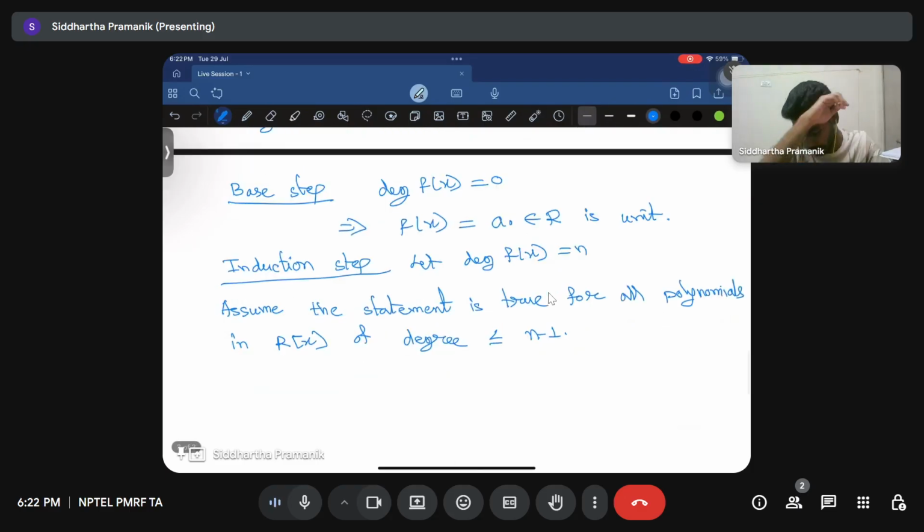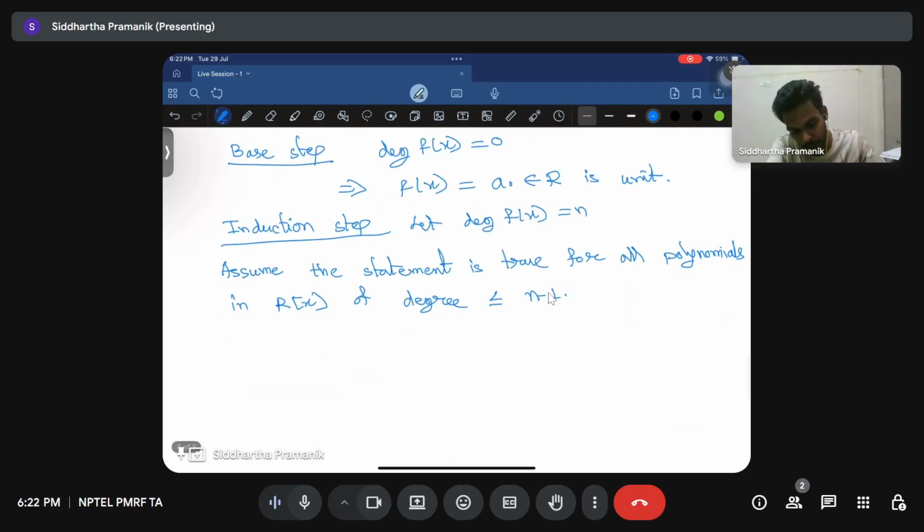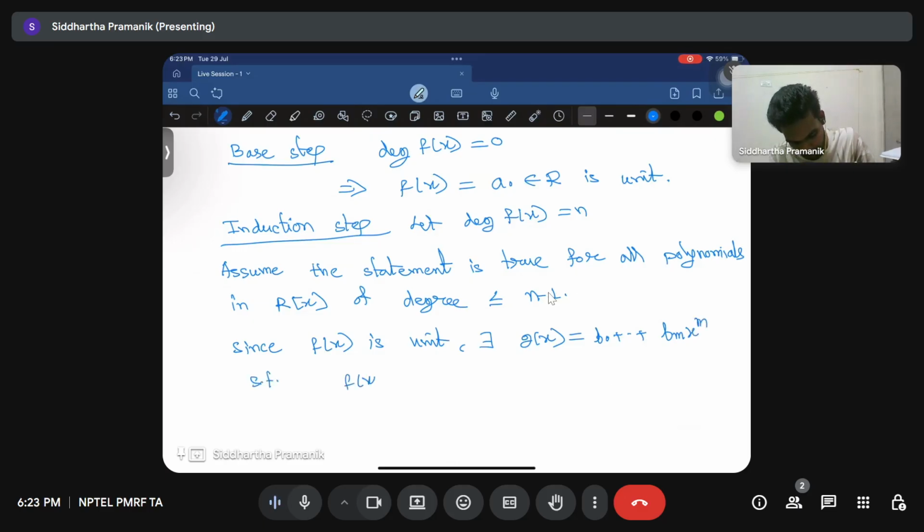This is our induction hypothesis. We need to prove the statement for f(x). Since f(x) is a unit, there exists some g(x) equal to b0 plus dot dot bm x power m such that their product is 1, the identity element.